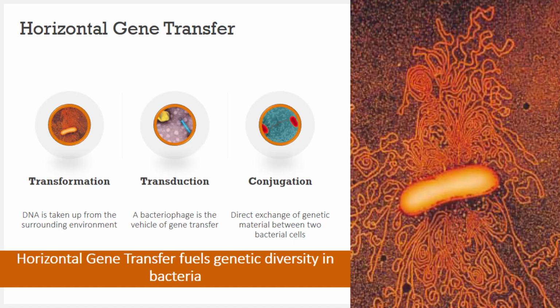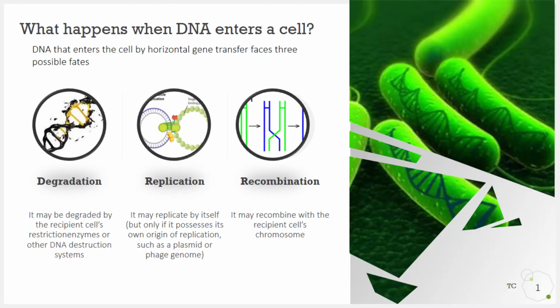Now, before we discuss these mechanisms of transfer, let's just very quickly try to understand what happens when DNA enters the cell by horizontal gene transfer, either by transformation or by transduction or by conjugation. What happens when DNA transfers from one cell to another? So we have three possible fates.